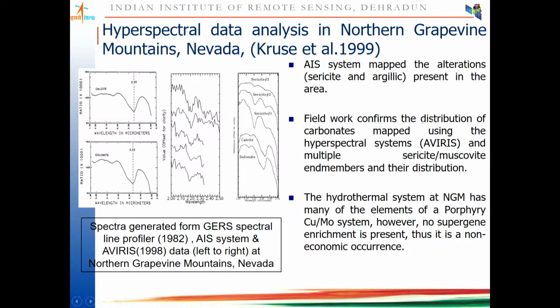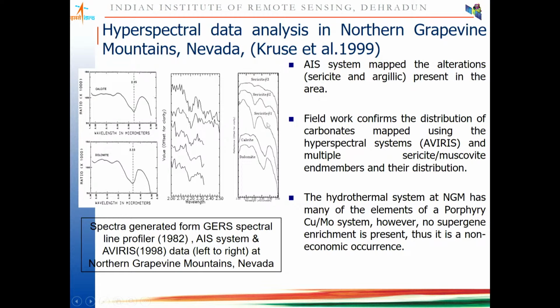Now what they have found is the distribution of carbonates, and multiple sericite-muscovite end members and also their distribution. So they have found sericite and calcite, these two different minerals, and there are three different types of sericite. So with the help of the hyperspectral spectra only, they were able to identify and map clearly the three different types of sericites.